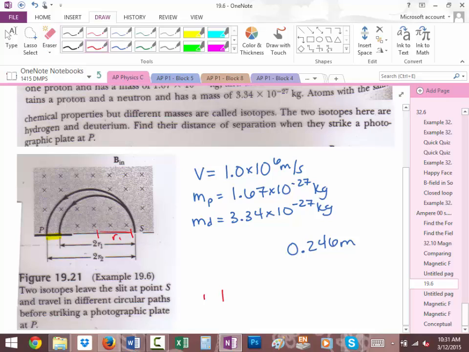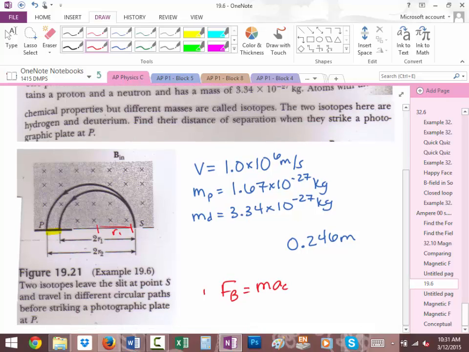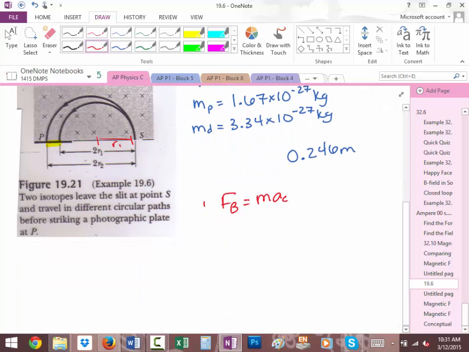So FB equals m a sub c, yes? That's where we're going to start. True or false? That's true. So this is qvB, leaving out the sine theta because that's going to be 1, equal to mv squared over r. We're just solving that for r. So r is going to be qB over mv.